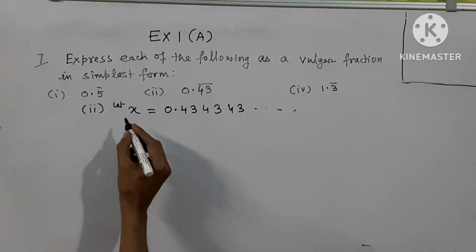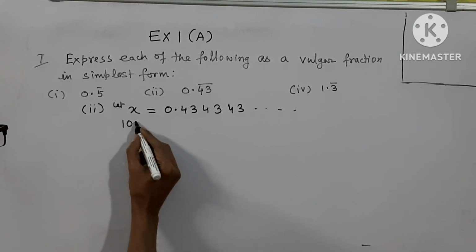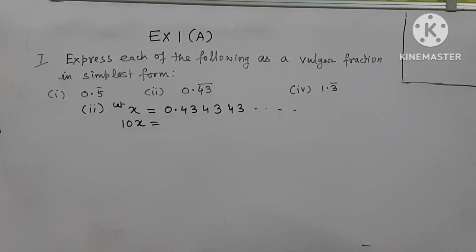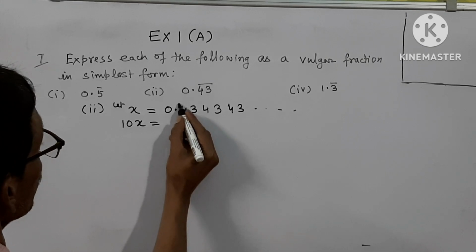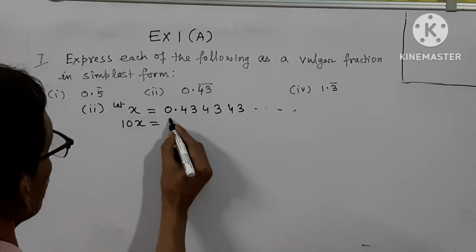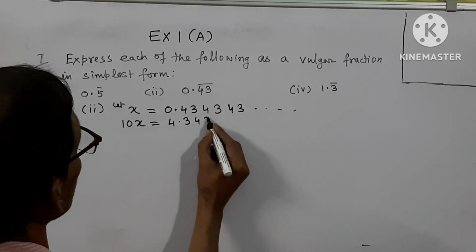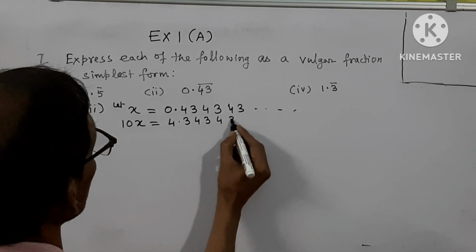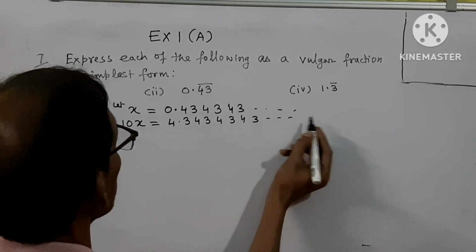And if you multiply x with 10, then it becomes 10x, and the decimal will jump to the right side, that will become 4.343433 like that.